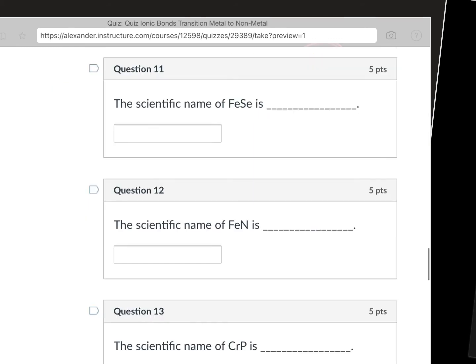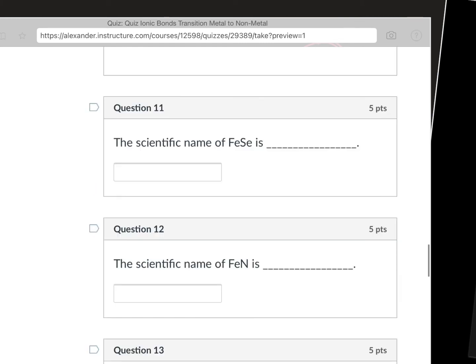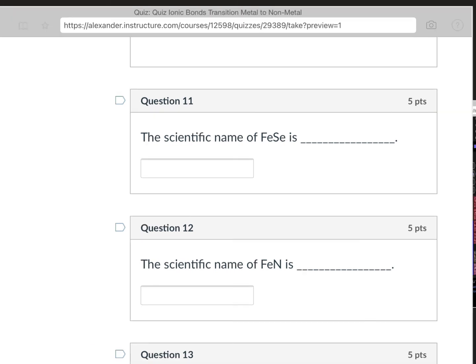So this is the scientific name of FeSe. Okay? So this can be a little bit difficult because you're going to have to figure out what that charge of iron originally was. And to do that, you're going to need to know what both of these elements are. Okay? So let's write down what we have.